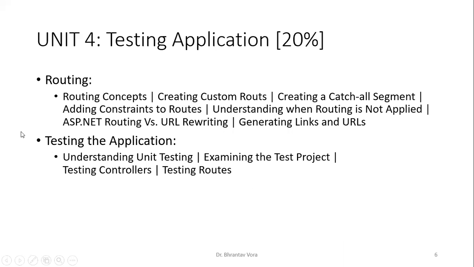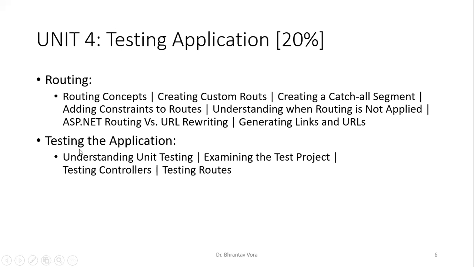Then unit number 4, testing our application. In testing, friends, we will discuss how to create unit tests, how to create automated test cases, understanding unit testing, examining the test project, and testing controllers and routes automatically. So this is also very easy to deal with.